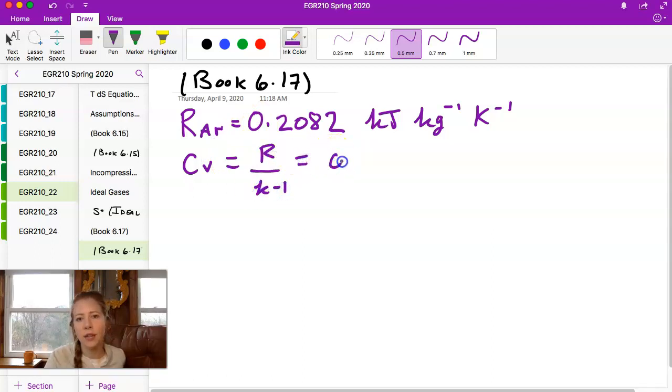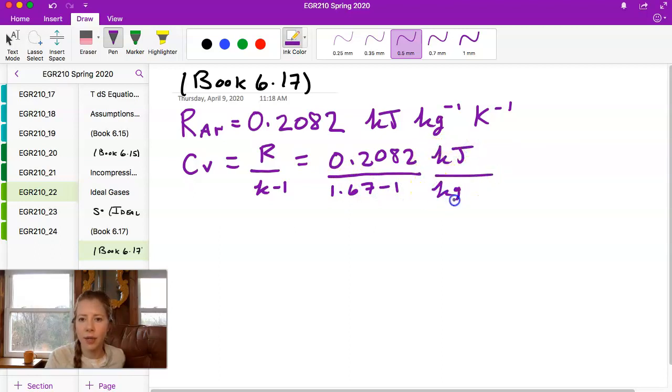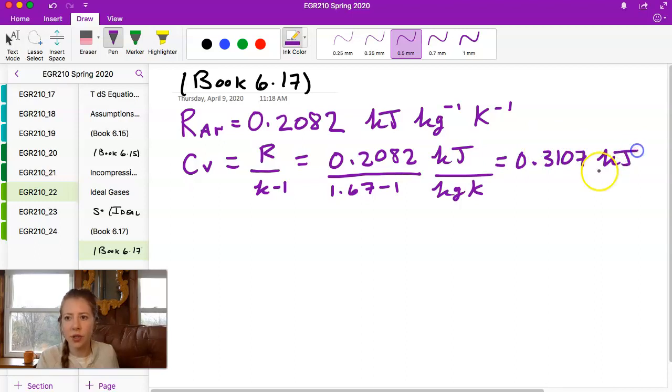And so that's going to be 0.2082 divided by 1.67 minus 1. And this is still going to be in kilojoules per kilogram Kelvin. And that is going to give us a Cv of 0.3107 kilojoules per kilogram Kelvin. Okay, now we can just plug all of this in.